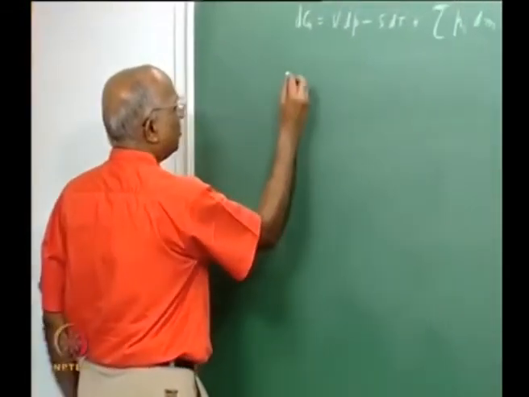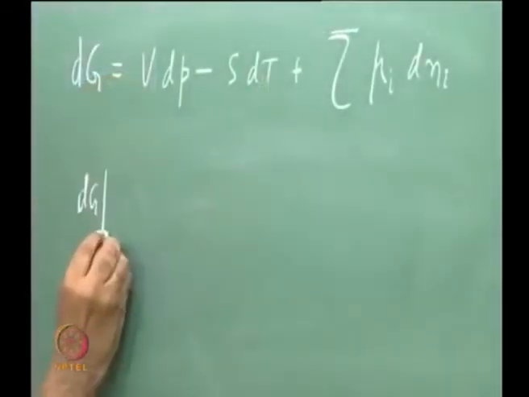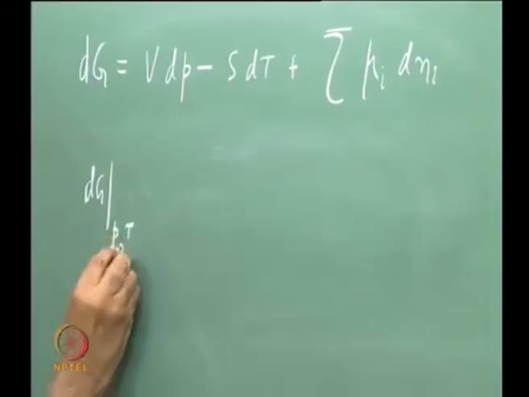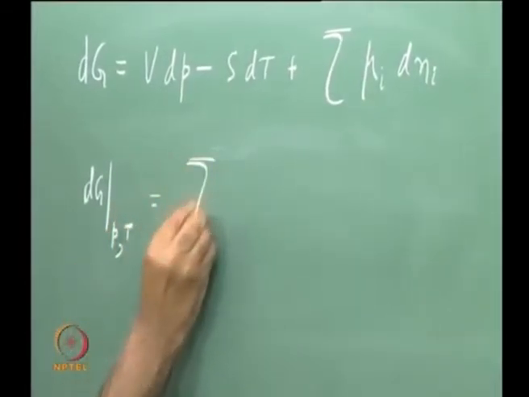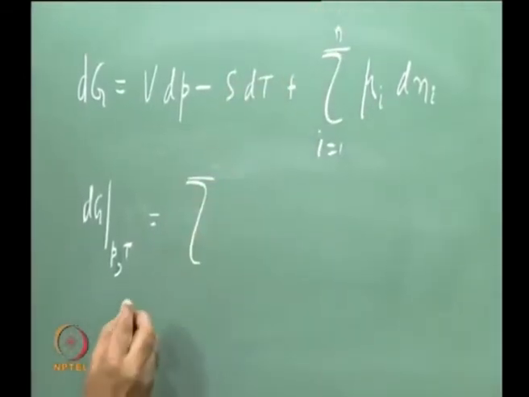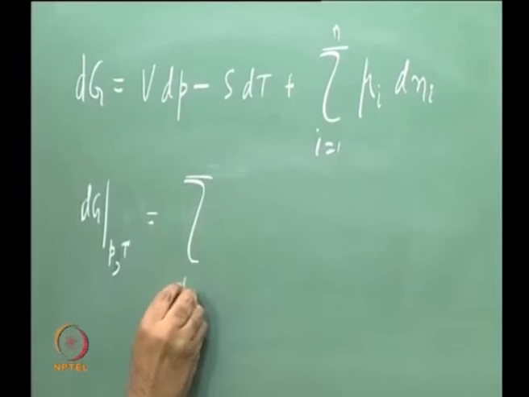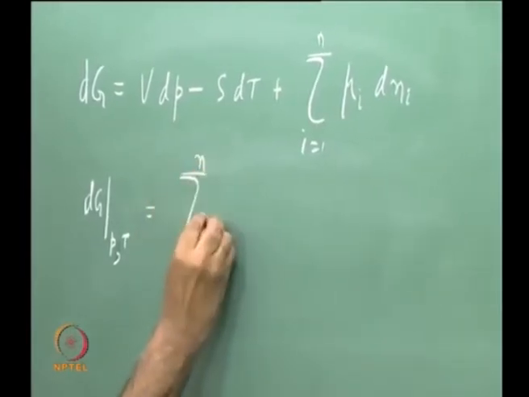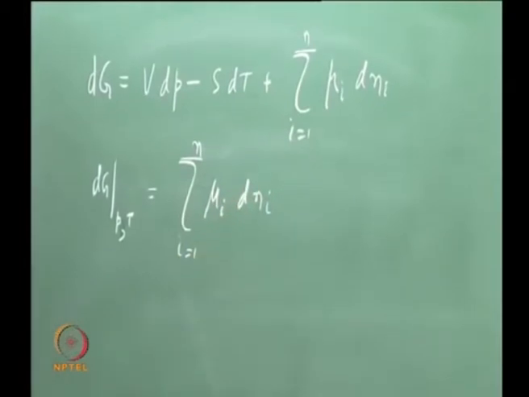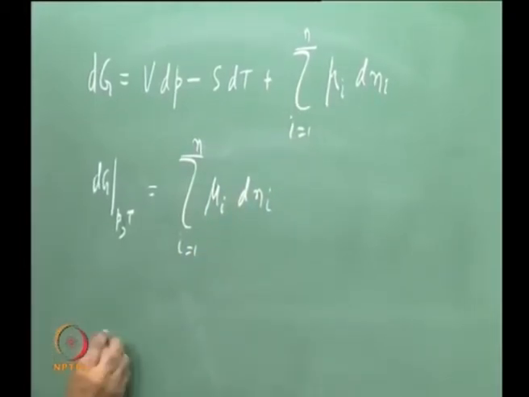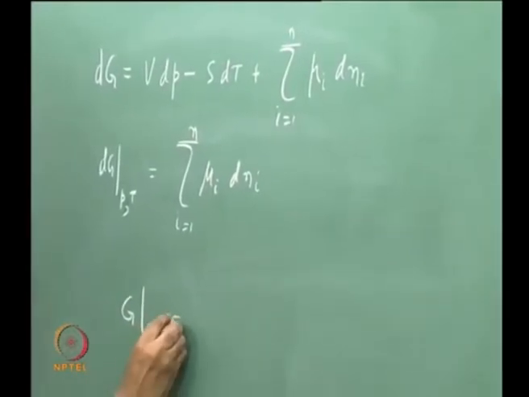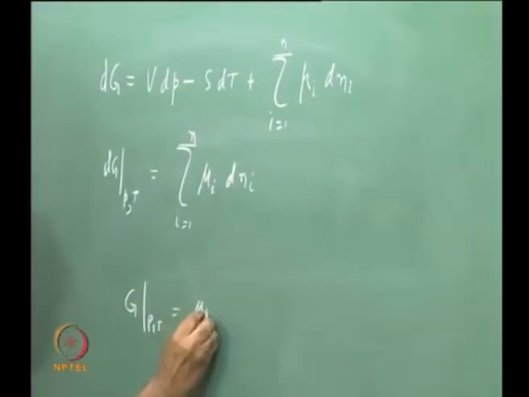At constant temperature and pressure, dG at constant pressure, constant temperature, I write this as equal to summation, let us say i is equal to 1 to how many species are there, i equal to 1 to n, of mu i into dni, or rather I can write Gibbs free energy at pressure and temperature is equal to summation of mu i into ni.